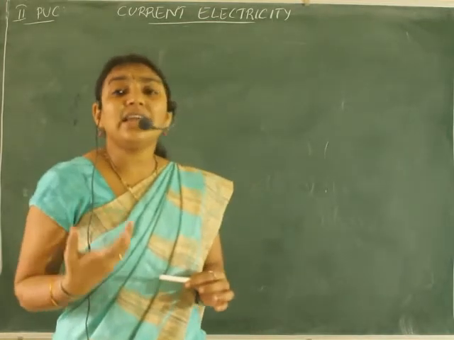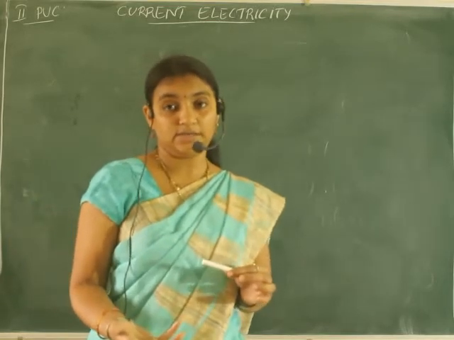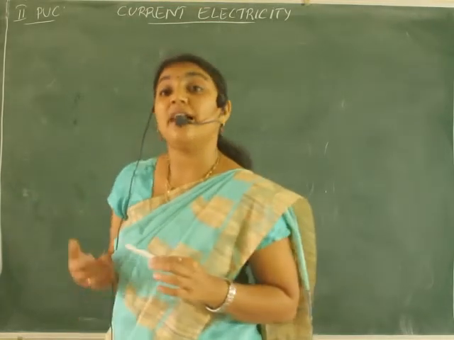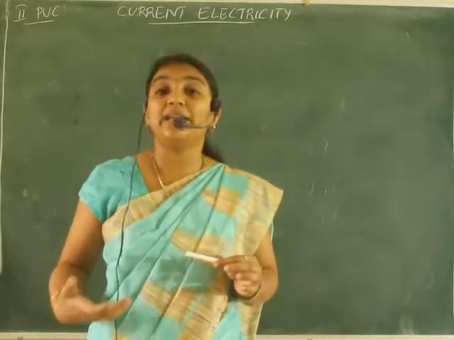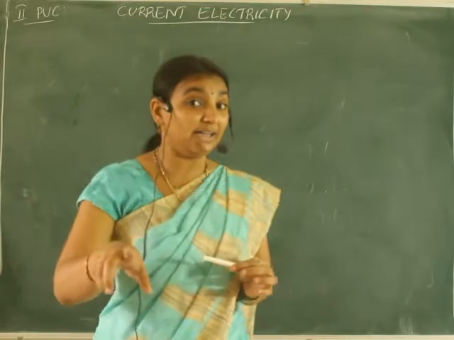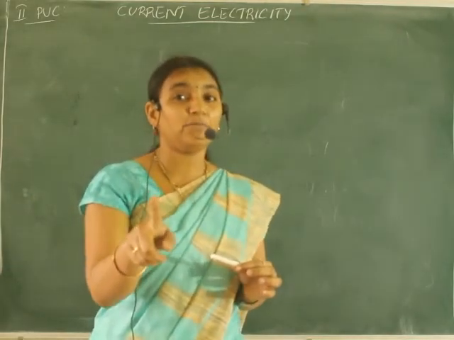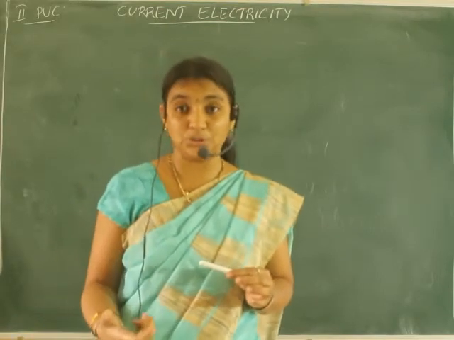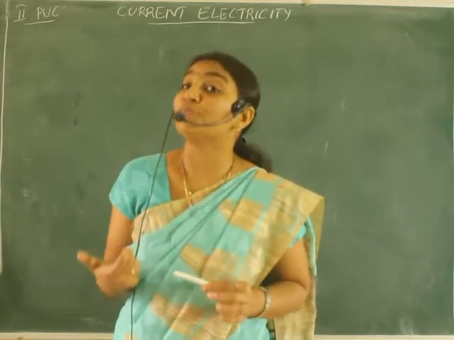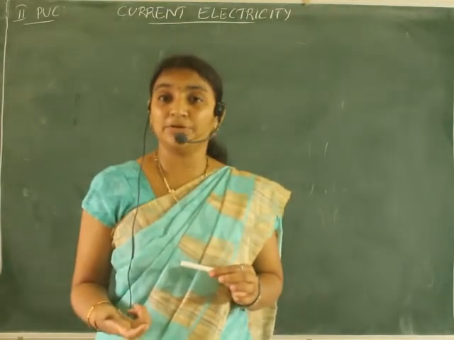Is there any help from its own resistance? Yes. If it has higher resistance on its own, then it will develop heat. And that is why you are using an iron box. In an iron box, we use higher resistance objects so that it will produce more heat. How is more heat produced?